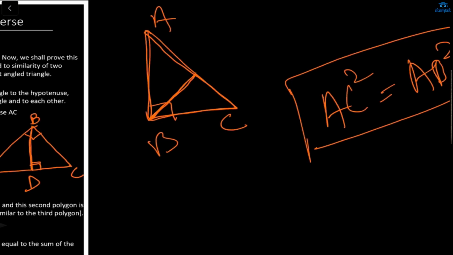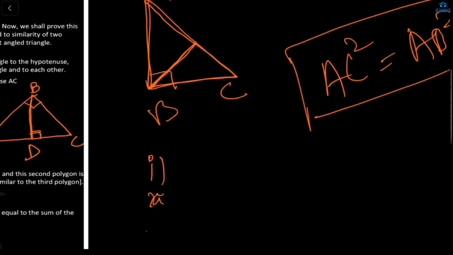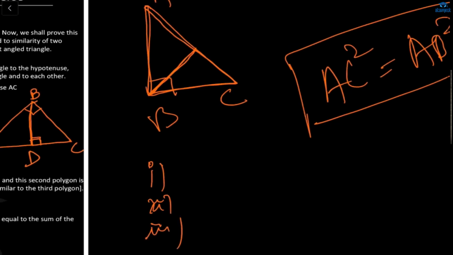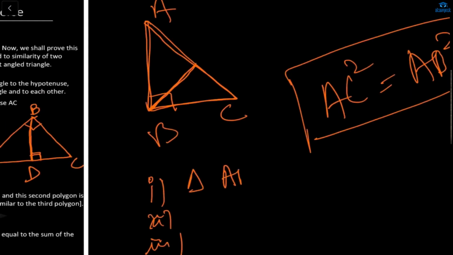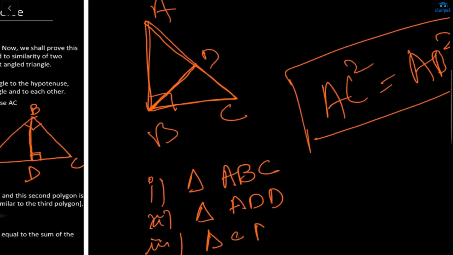So in total we have 3 triangles: the bigger one, ABC, then ABD, and one more triangle, CDB.